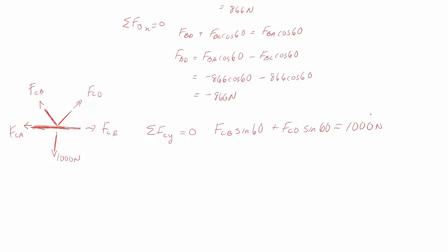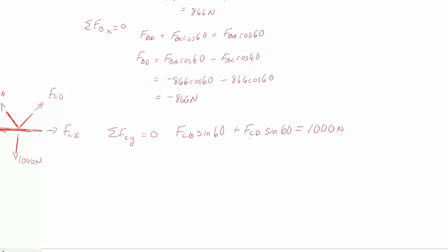So all the forces acting up are equal and opposite to all the forces acting down. And this is the one force we don't know. So we could say FCD sine 60 equals 1,000 minus FCB sine 60.